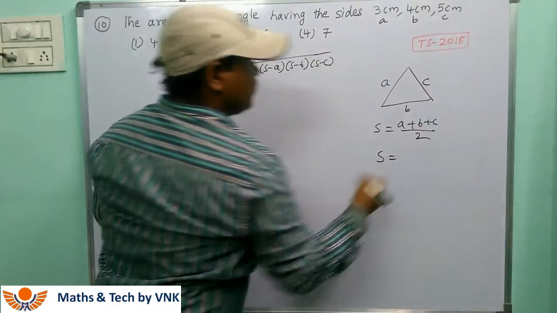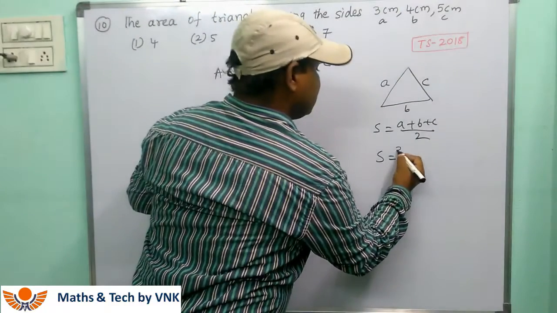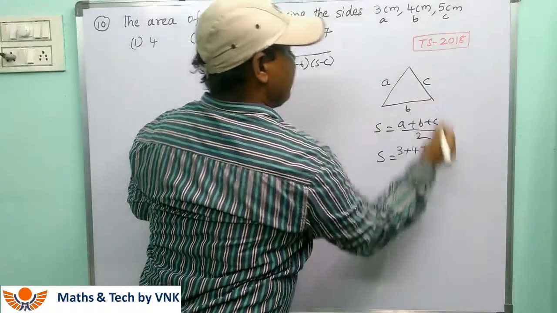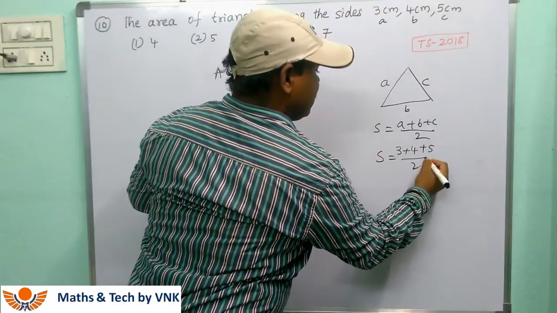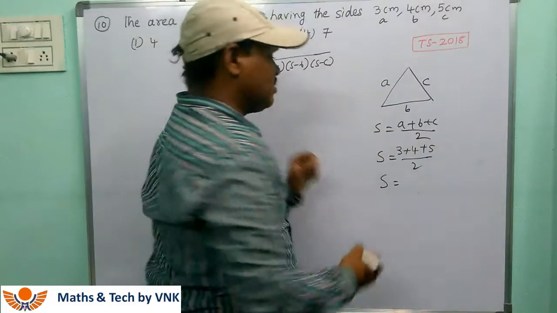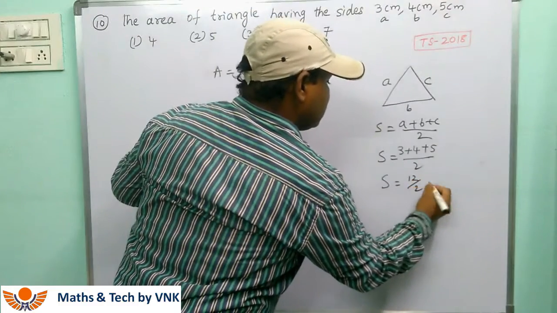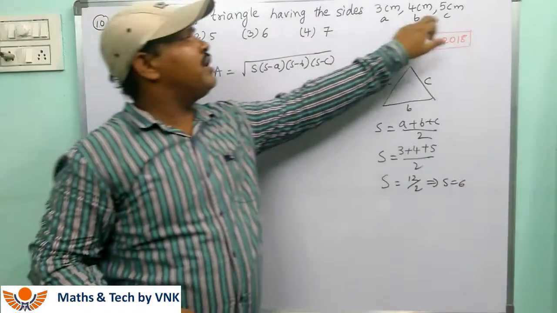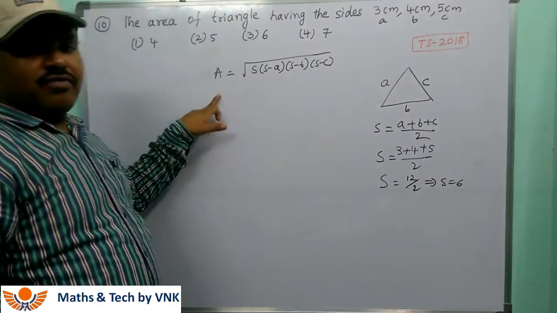So S is equal to A is 3 centimeters plus B is 4 plus C is 5, divided by 2. So S is equal to 3 plus 4 plus 5 is 12, divided by 2. So S is equal to 6. Now substitute the values of A, B, C and S in the area formula.